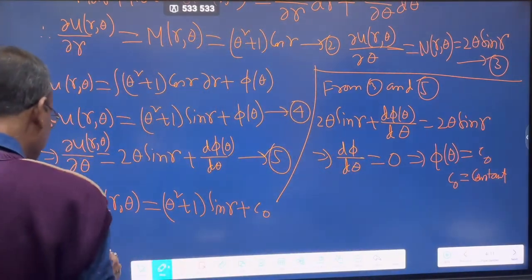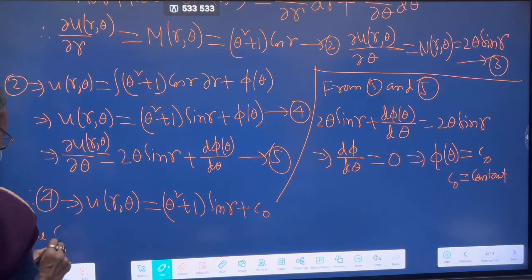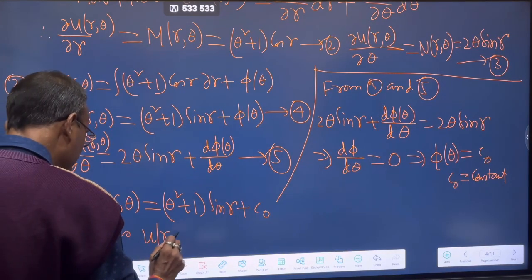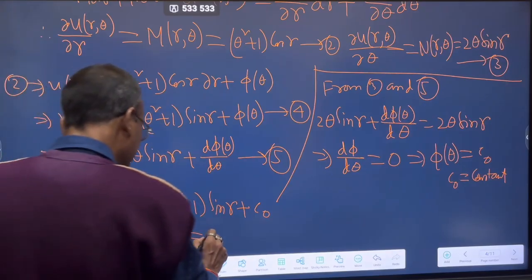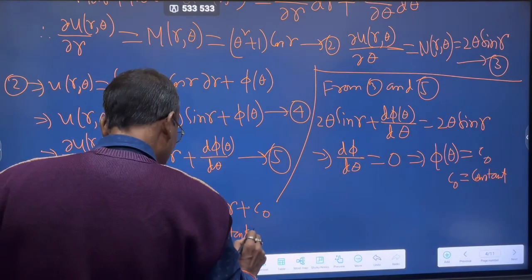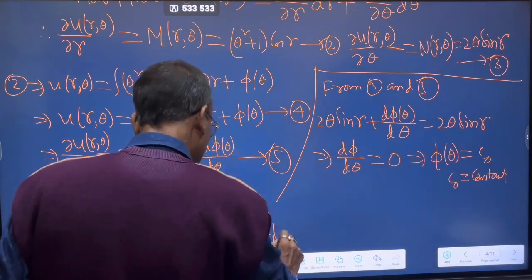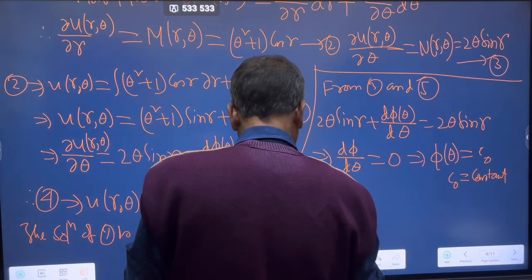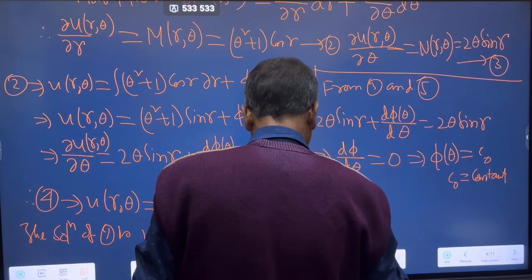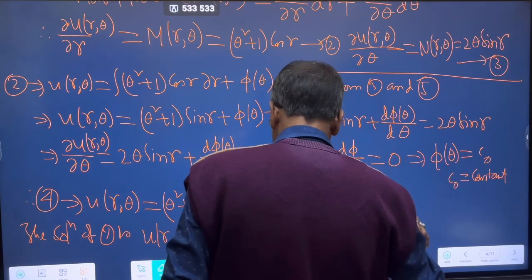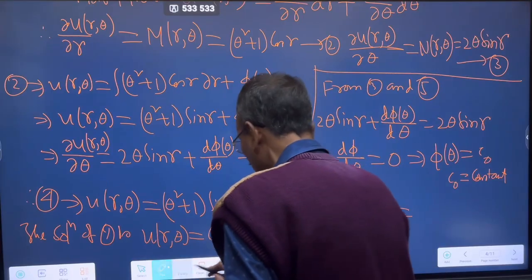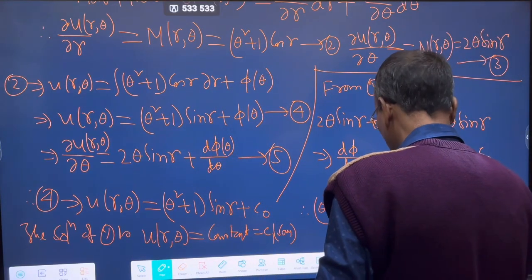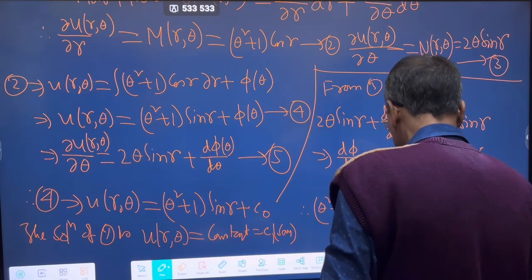The solution of 1 is u equal to constant, equal to C₁. Therefore, u(r, θ), that is (θ² + 1) sin r plus C₀, equals C₁.